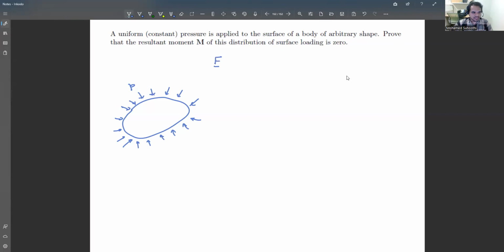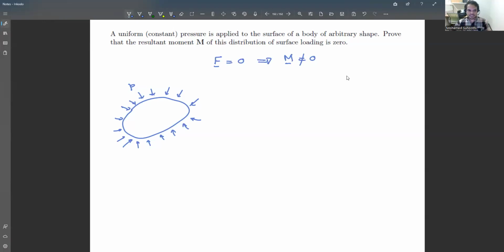If someone says F is equal to zero, he cannot say moment is zero, right? This is basic statics. Force is zero means you cannot say moment is zero. Similarly, moment is zero means you cannot say force is zero, right? So if equilibrium, both must be zero, right?